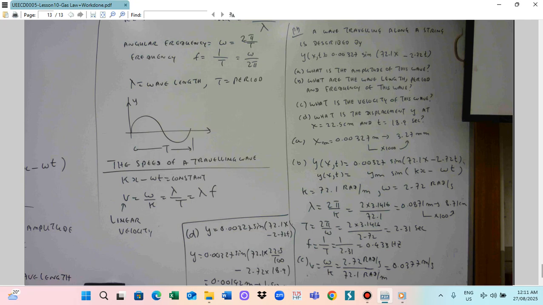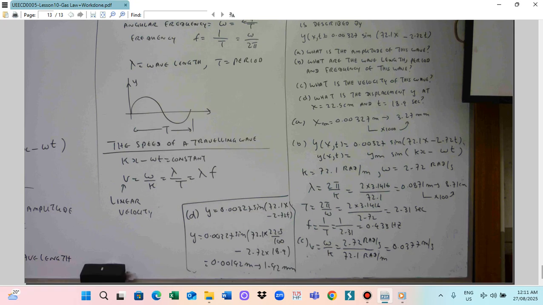And also C. C is: what is the velocity of the wave? The velocity of the wave v is equal to omega by k. Omega, as we already know, is 2.72 radian per second, and k is 72.1 radian per meter.